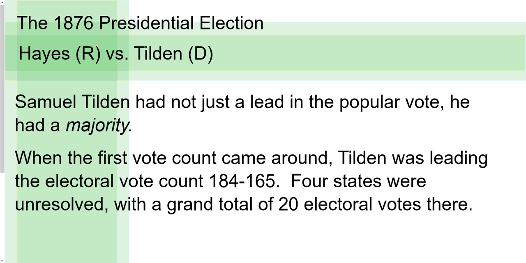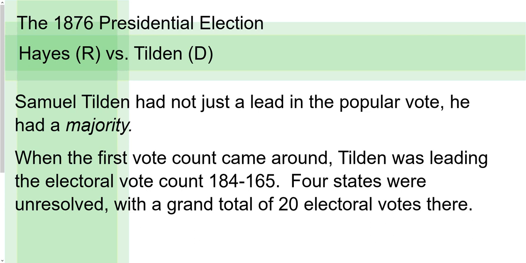1876 presidential election happens. So Rutherford B. Hayes, the Republican, versus Samuel Tilden, the Democrat. Obviously, now we're still in the 1870s, so Congress and therefore the Electoral College is apportioned according to what happened in 1870.